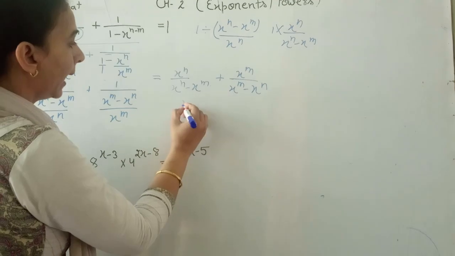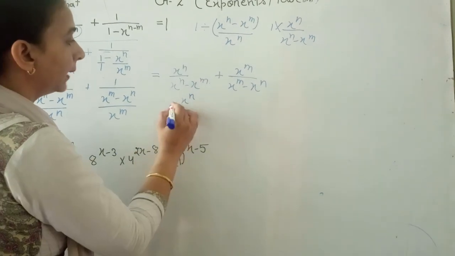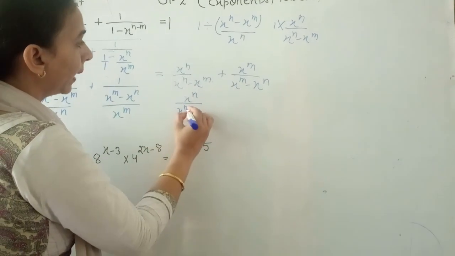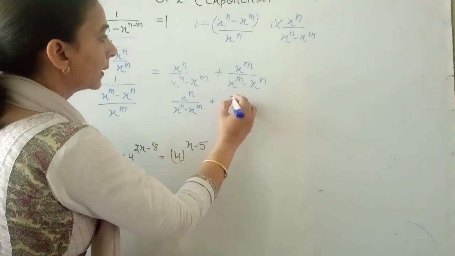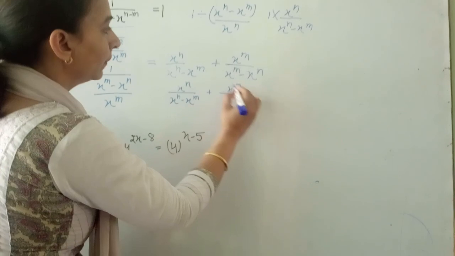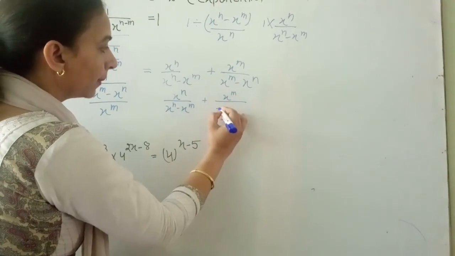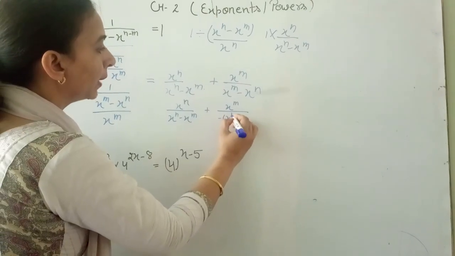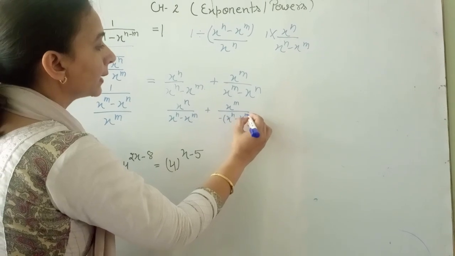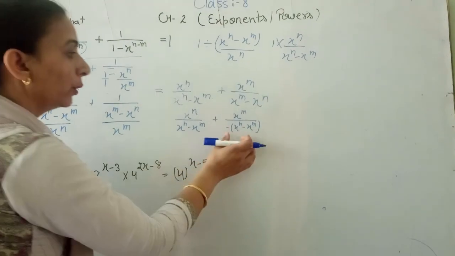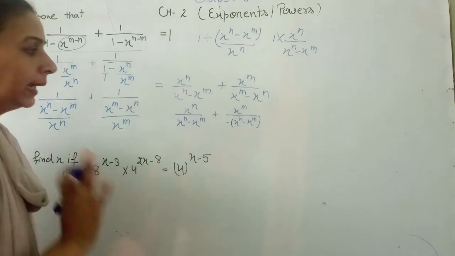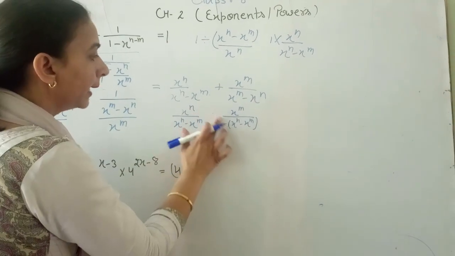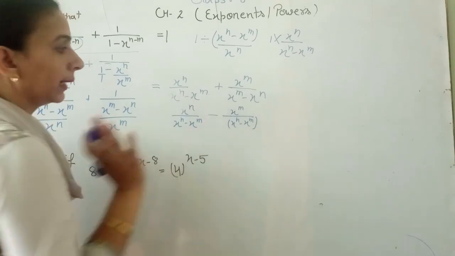We can write as it is, x raised to the power n minus x raised to the power m, take minus common, x raised to the power n minus x raised to the power m. When we solve it, then minus and minus is plus. Clear?